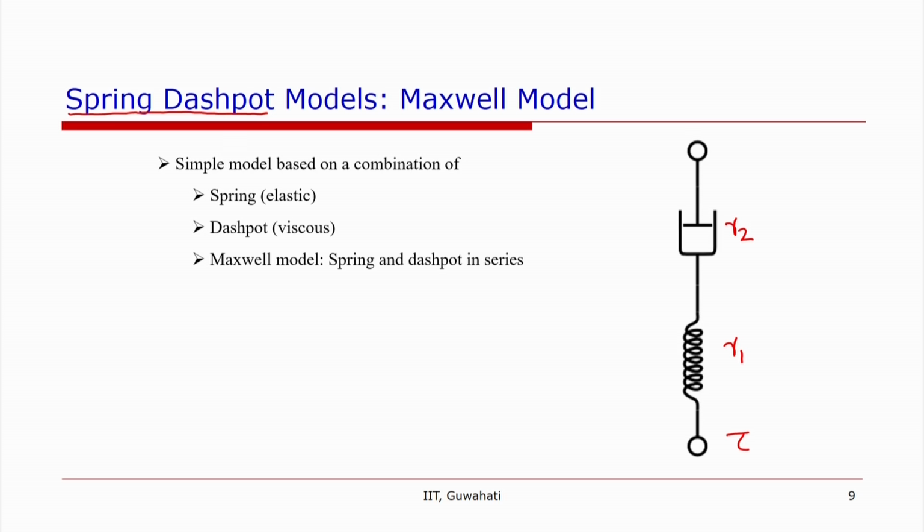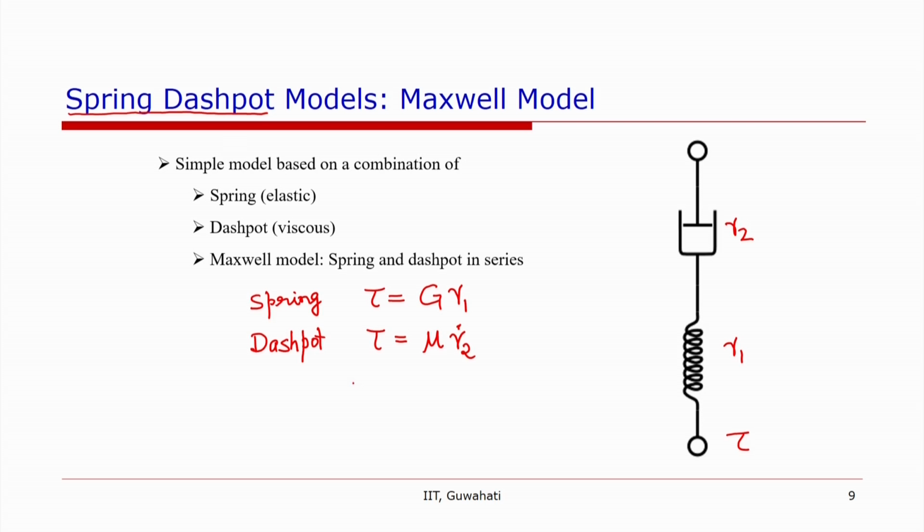So, we can write for the spring tau is equal to G gamma 1, where G is the Young's modulus for the spring, and for the dashpot we can write tau is equal to mu gamma 2 dot, that is the rate of strain or the shear rate.